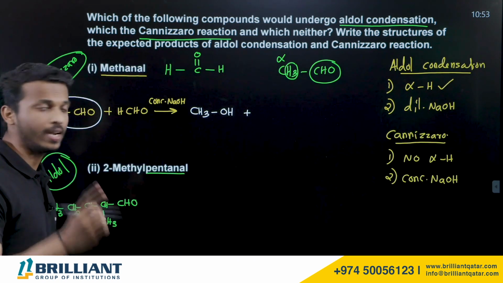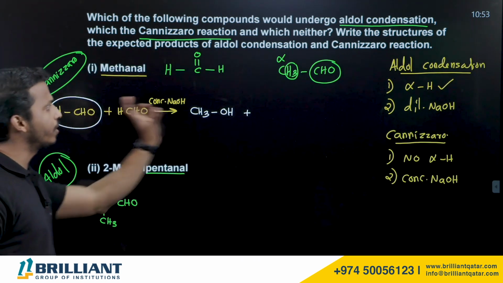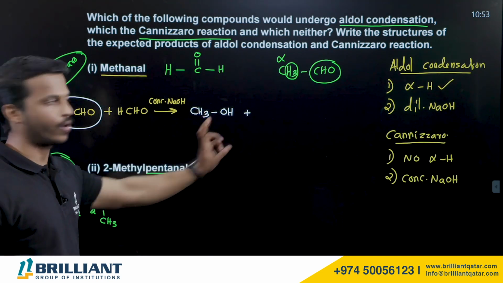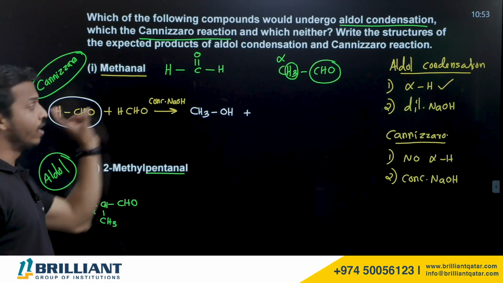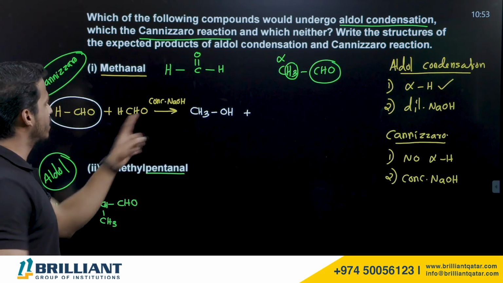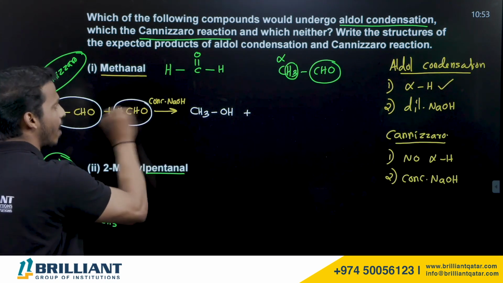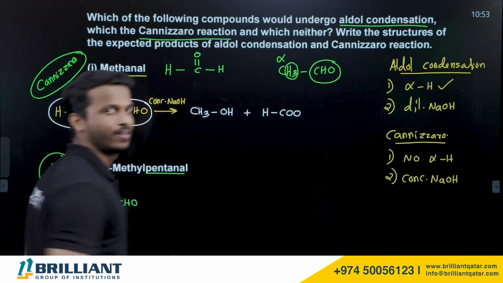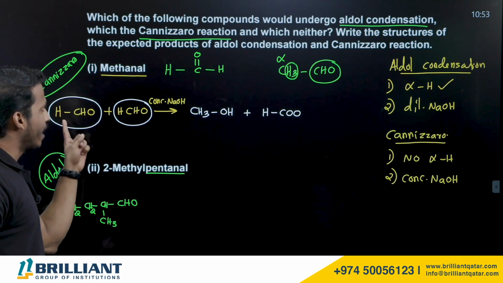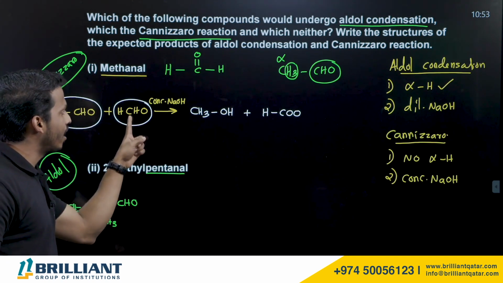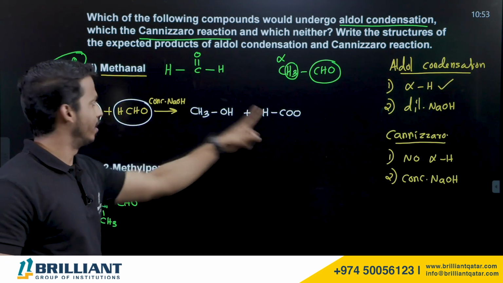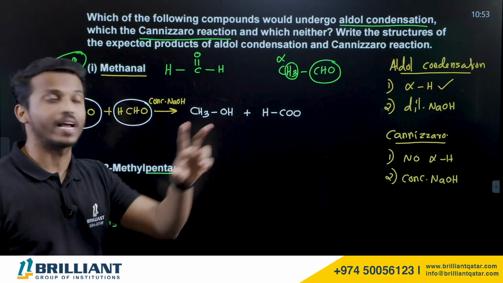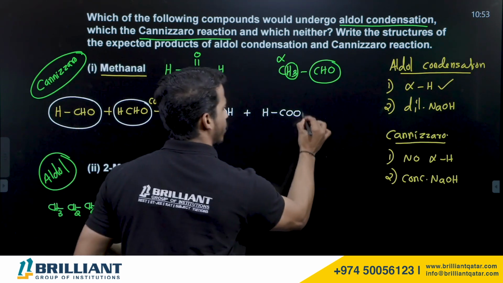Suppose here they had given ethanal, the same rule applies. The second aldehyde is converted into the corresponding acid. Here one carbon is there, so the one-carbon acid is methanoic acid, HCOOH.